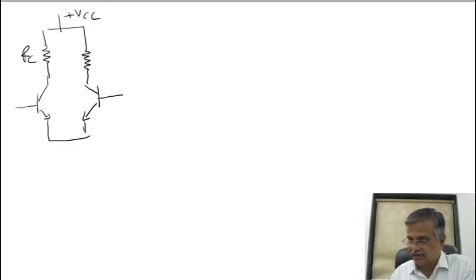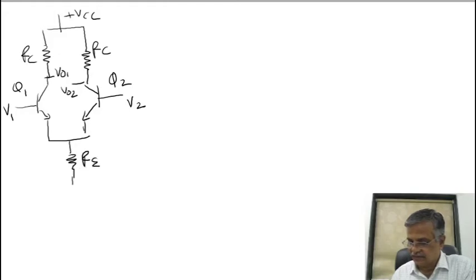This is your collector resistance RC. Here we have written VO1, here VO2. This is Q2, this is Q1. This is V1, this is V2. And this is your RE, and you have connected negative supply voltage. This is a basic emitter coupled differential amplifier.